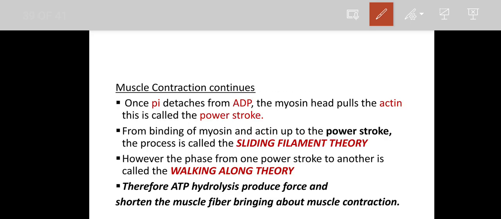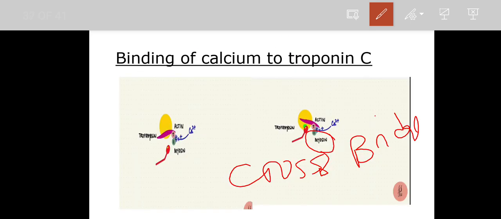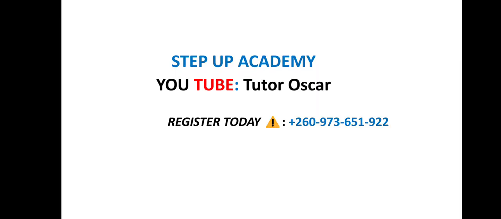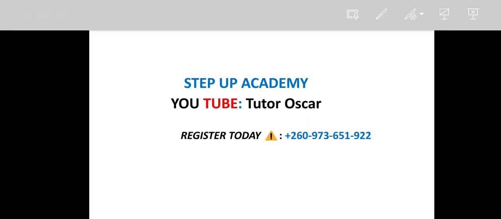Let me demonstrate this. Let me find a perfect place to demonstrate this. Okay, let's do this. We have the sarcomere here. This is a Z line and this is a Z line, and we have the M line here.